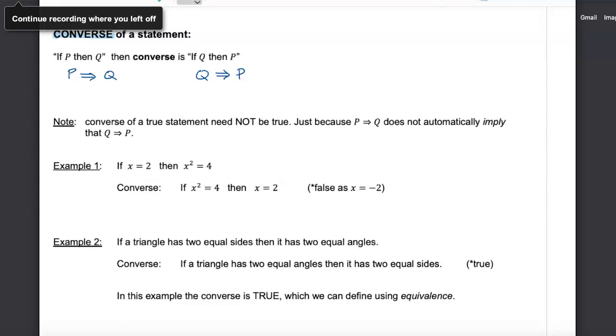Just because P implies Q, which was our original statement, it does not automatically imply that Q implies P.